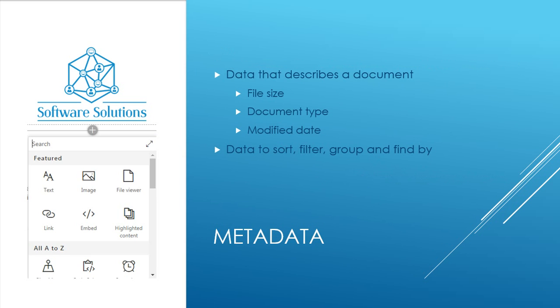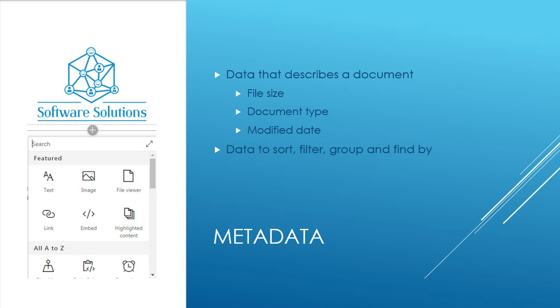And lastly, we've heard of the term metadata. Now, metadata is data that describes a document above and beyond the actual file name. Metadata includes things like the file size, the document type, the date it was created, the date it was modified, and perhaps even the author.